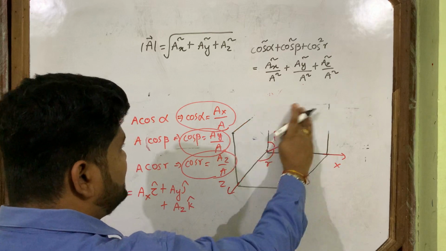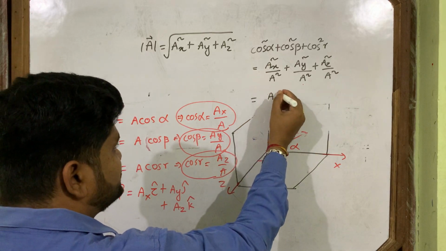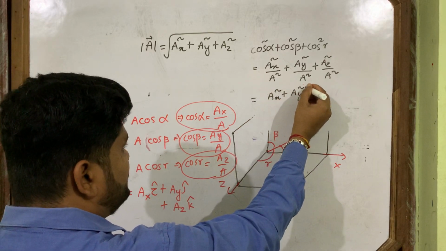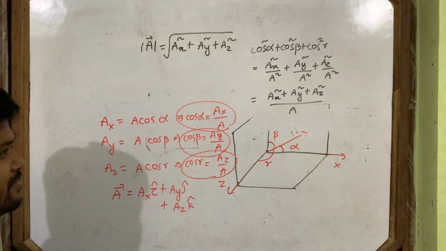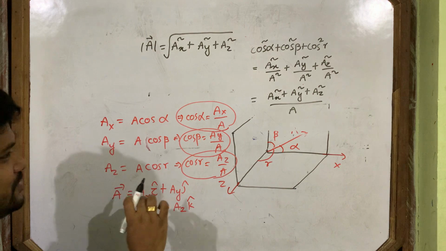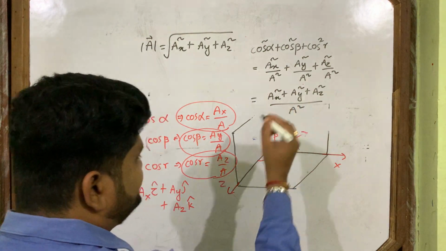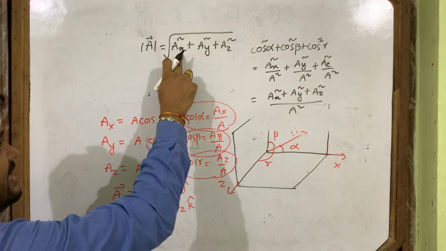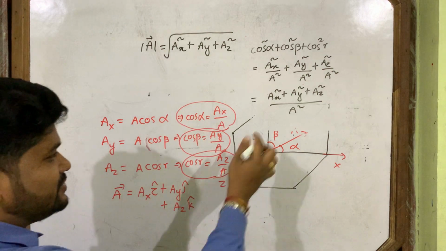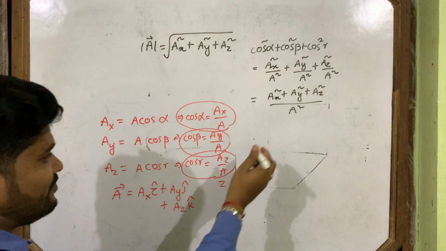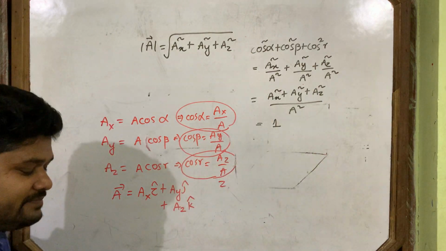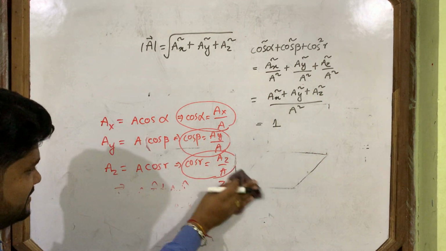So what we are getting here is Ax square plus Ay square plus Az square by A square, but A square is equal to Ax square plus Ay square plus Az square. So this cancels out. If they cancel each other, what is the answer? Answer is 1.